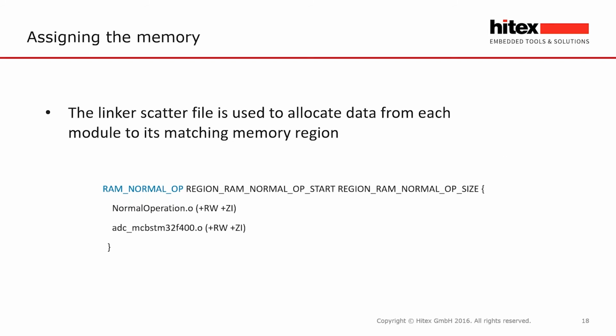And then within our linker script file, we provide memory regions to reflect that layout. And then we have to allocate the C modules that contain the relevant code into those regions. So here we have the region for the background control loop, and then we're picking up the compiled module and allocating it into that region.